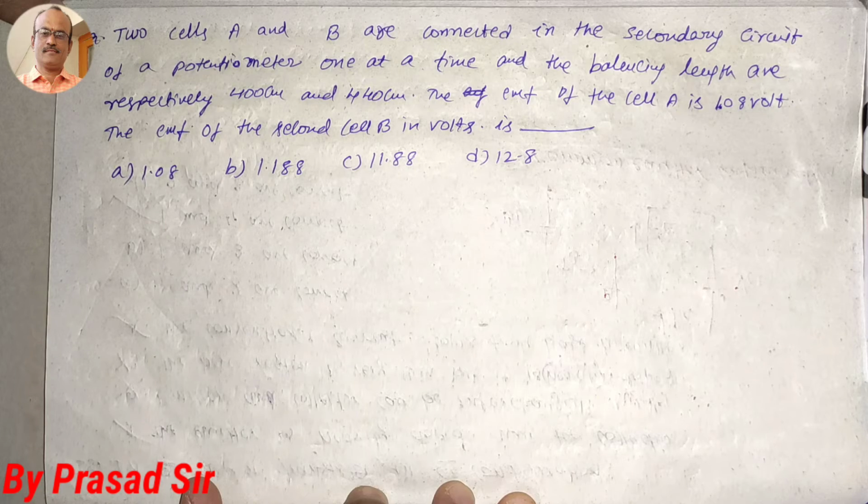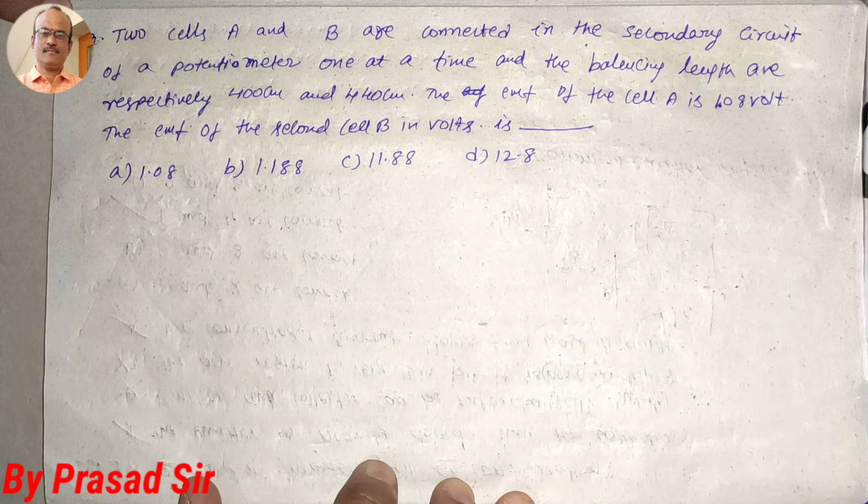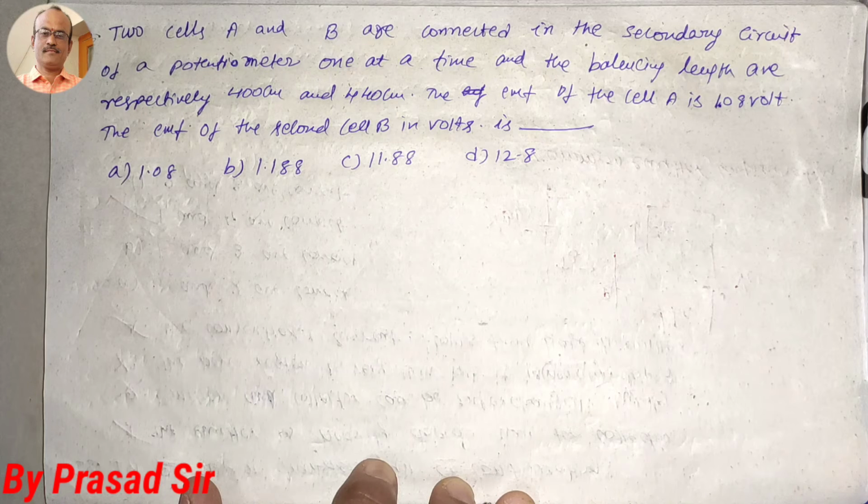Now the question number 39. Two cells A and B are connected in the secondary circuit of a potentiometer, one at a time, and the balancing lengths are respectively 400 centimeters and 440 centimeters. The EMF of cell A is 1.08 volts. The EMF of the second cell B in volts is how much?